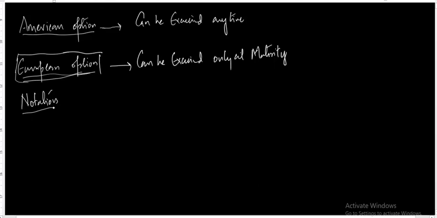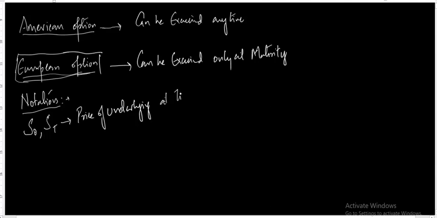that I will be using throughout the lectures on the options. S_0 and S_T mean the price of the underlying on which the option is made at time 0, that is today, and time T, that is expiration.